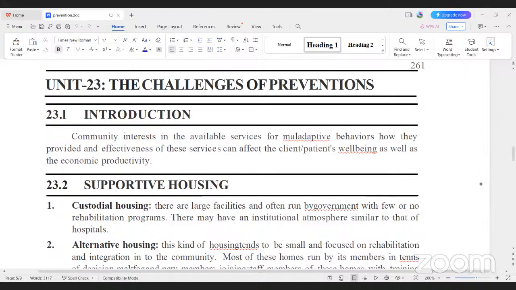Suppose some illogical thinking is there, or our thinking is irrational, distorted thinking is within us, automatic negative thoughts are entering into our mind, into our brain. So we perceive things differently because of automatic negative thoughts.